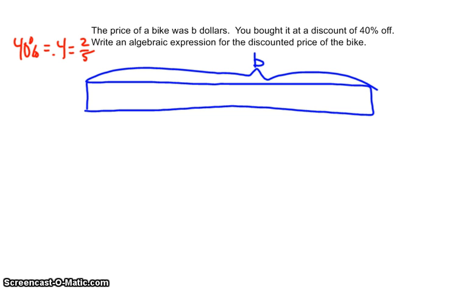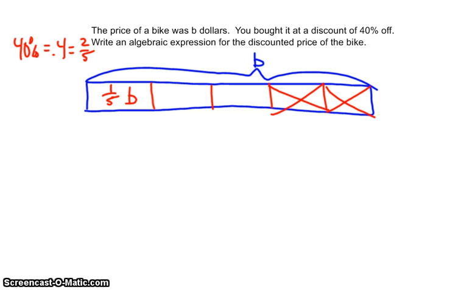So that means I want to split my B up into 5 pieces. Fifths, I'll put one here. 1, 2, 3, 4, 5. So, I'm losing 40%. I am losing 2/5. So I already know that each one of these should be 1/5 of B. I am losing 2/5 of them.